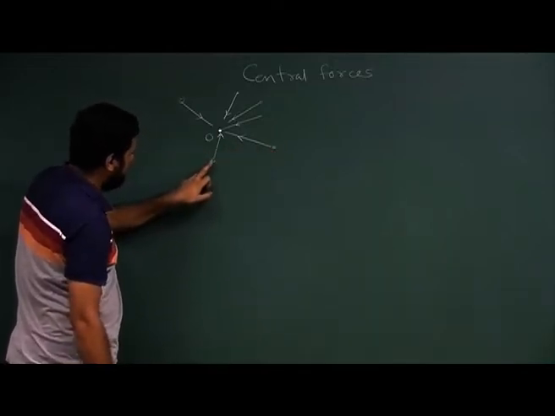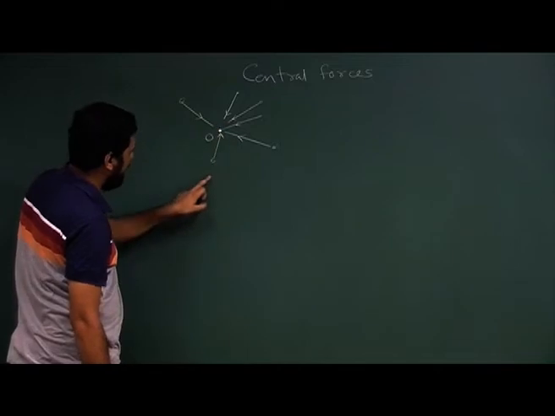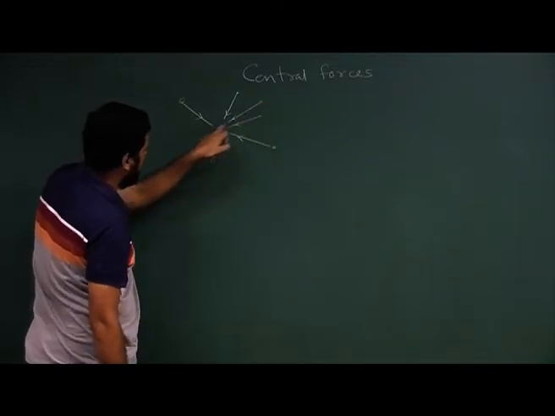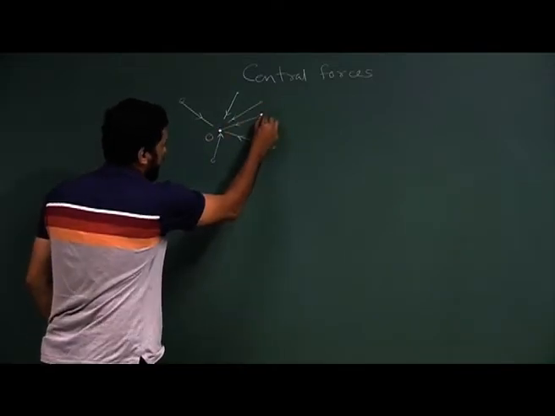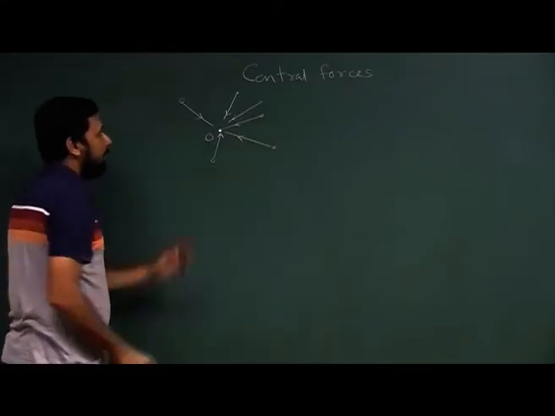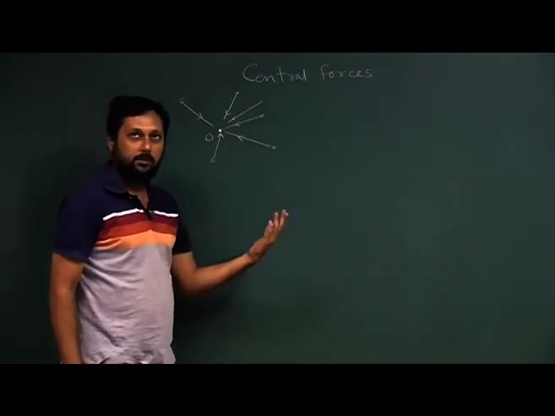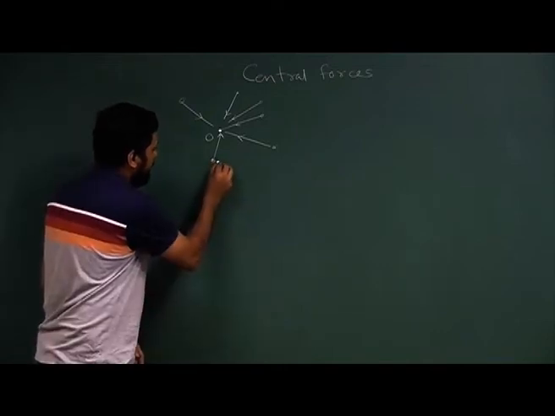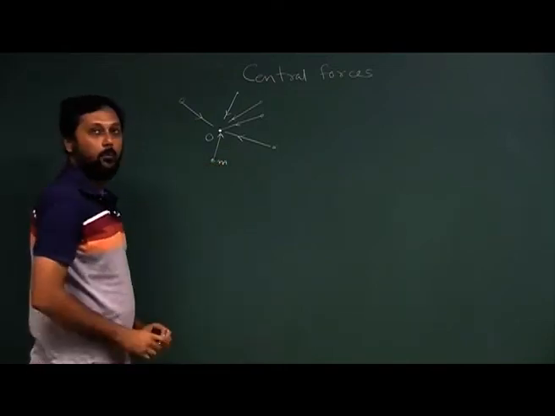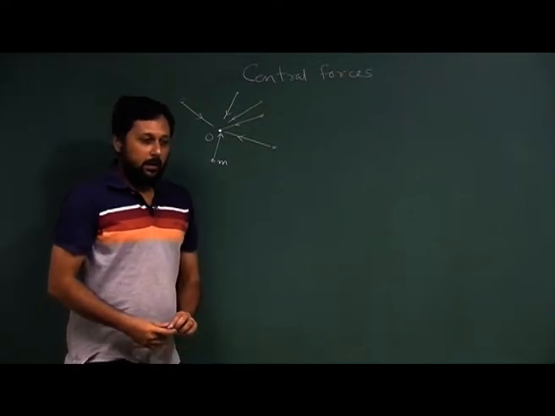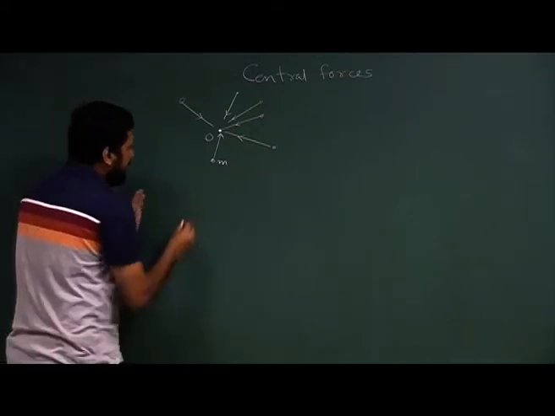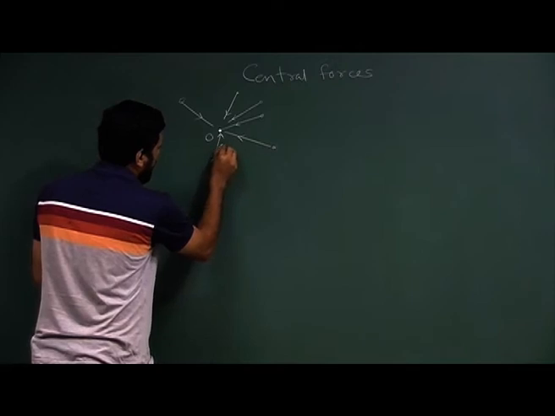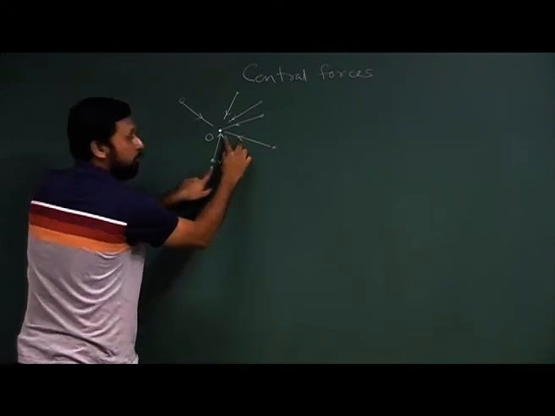If this point mass is in question, then the force will be along this line. Could be attractive, could be repulsive, but it will always be along the line joining this point mass m with this origin O. Okay. Now, also the magnitude of the force is a function of this distance only.